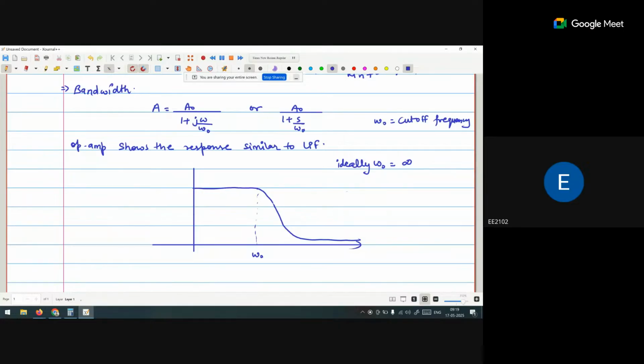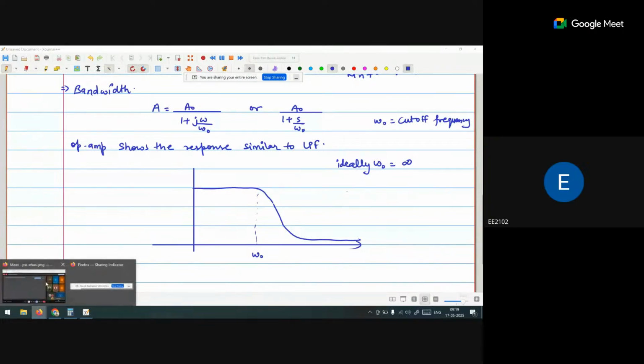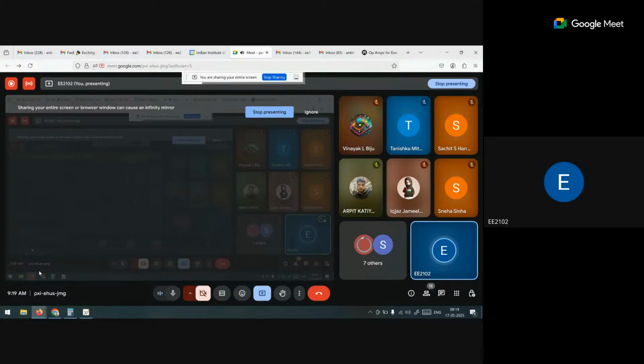I am not sure whether you are using the diode and transistor characteristics or not. Are you aware of the diode and transistor characteristics? Yes, anyone?